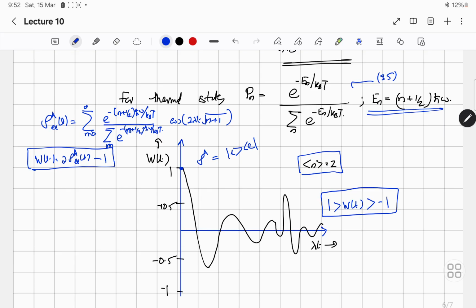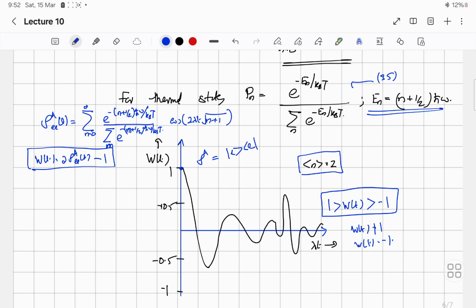It never reaches 1 or minus 1. Okay, so that's all about how to solve the JCM dynamics if the atom and field are initially in the mixed state.